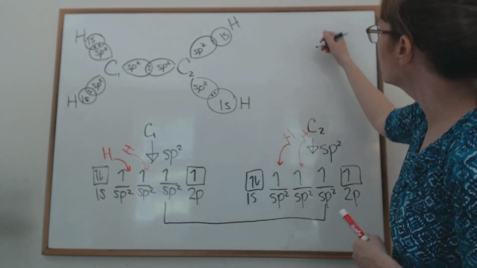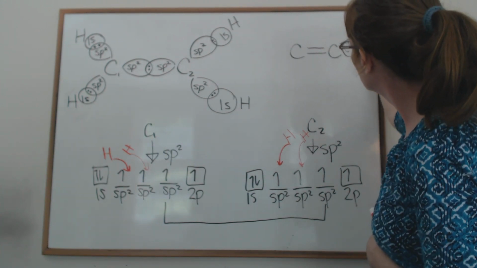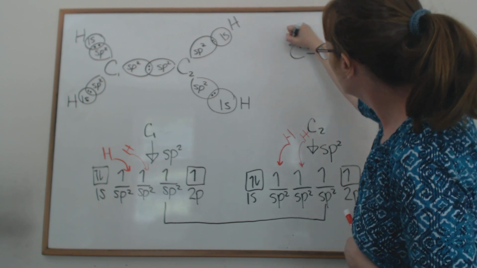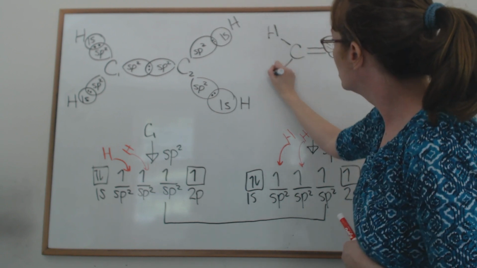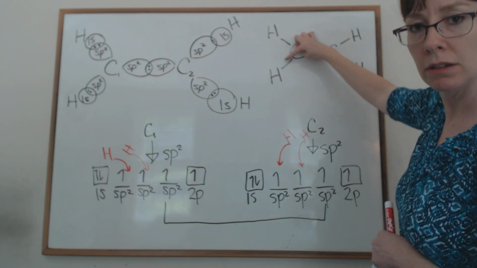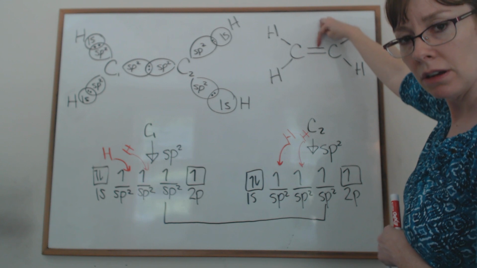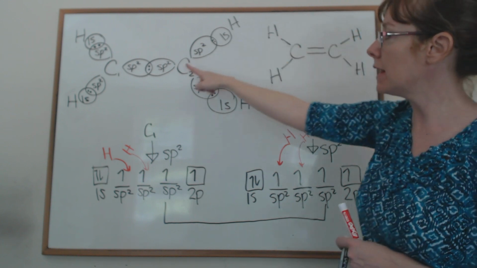Let me come back to our simple VSEPR model. We've explained this bond and this bond, this one and this one, and we just explained the first of your carbon-carbon bonds. That's this one.